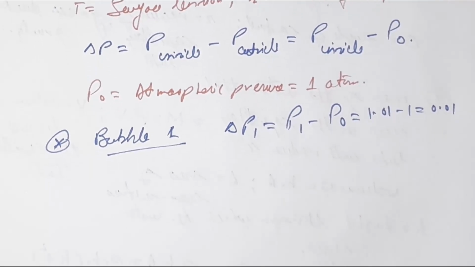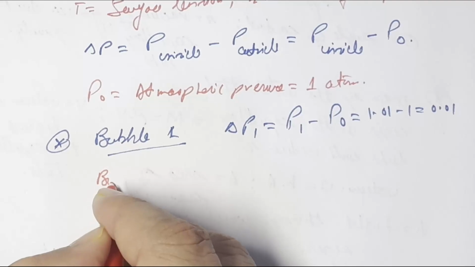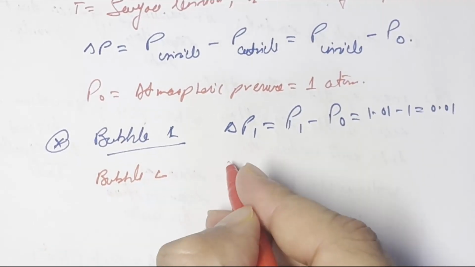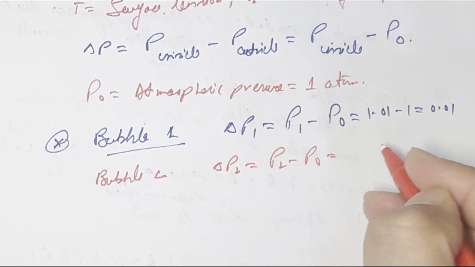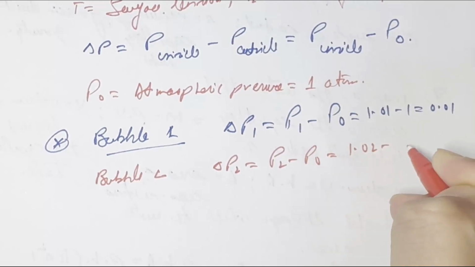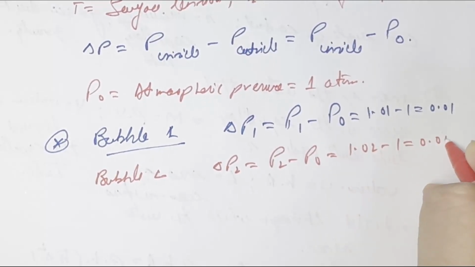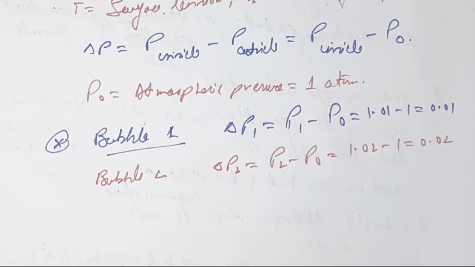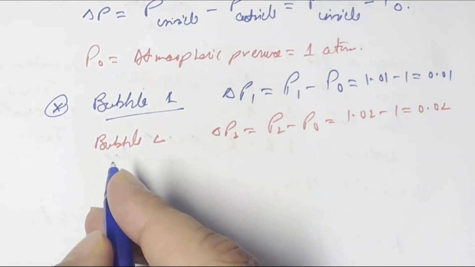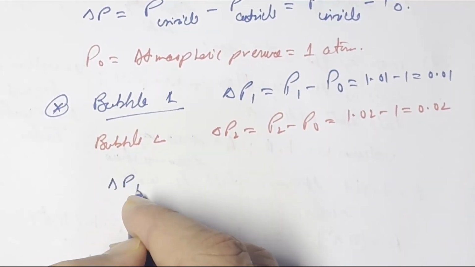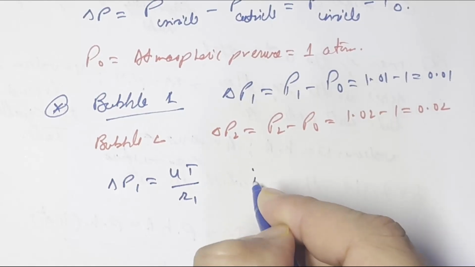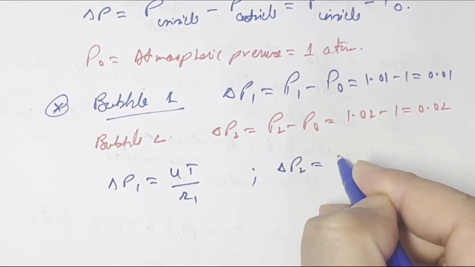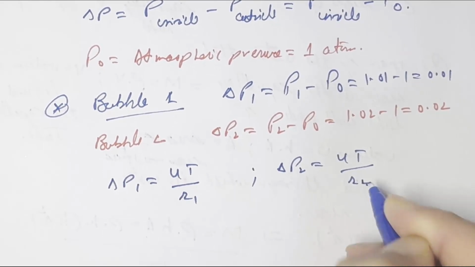And similarly, for bubble 2, delta P2 is equal to P2 minus P naught, 1.02 minus 1, and this is equal to 0.02. And delta P1 is also equal to 4 times tension upon R1, and delta P2 is equal to 4T divided by R2.